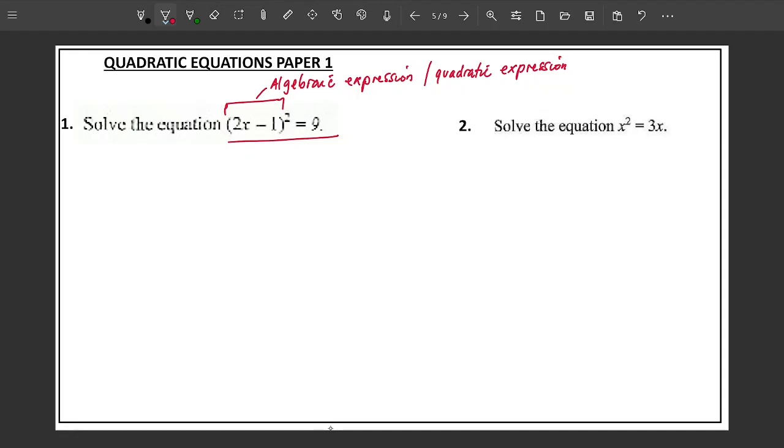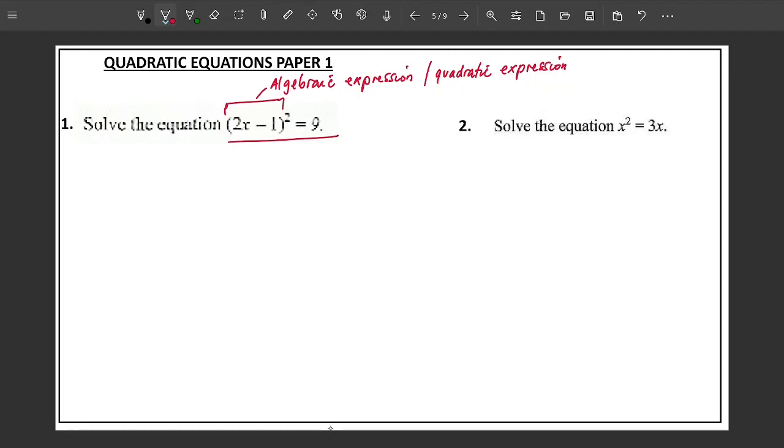Now let me explain the word quadratic. What quadratic means is that in that expression, you have raised one of the terms to the power 2. When you raise this whole term to power 2, and we have a variable inside there, then this whole expression becomes a quadratic equation.